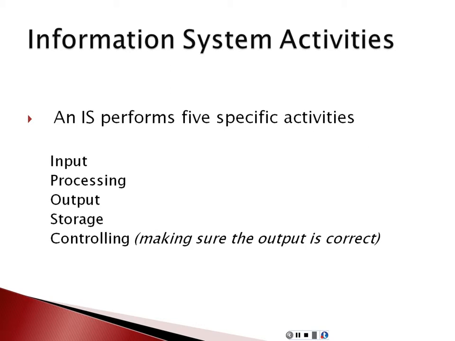Don't just assume because we have an information system in place that the output that we are receiving is what we need, or that it is correct. There has to be constant follow-up or controlling to make sure that what we're getting out is what we need and it is correct.